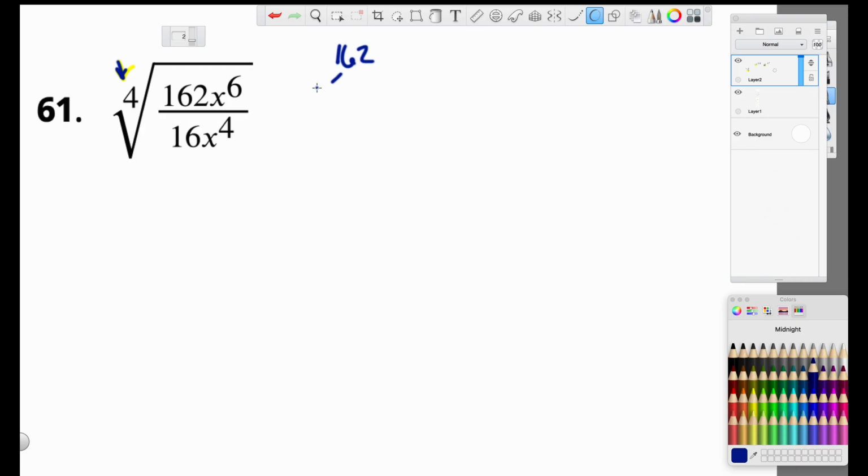In 162, I got a 2 and 81, 3 and 27, 3 and 9, 3 and 3. So instead of circling pairs, I'm circling sets of 4. Okay?